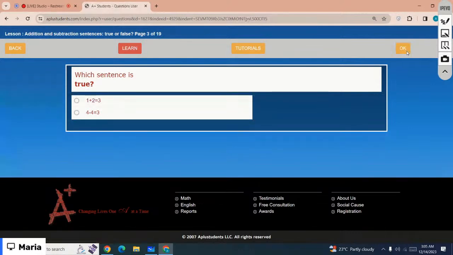Which sentence is true? 1 plus 2 equals 3 or 4 minus 4 equals 3? Which is the correct option?